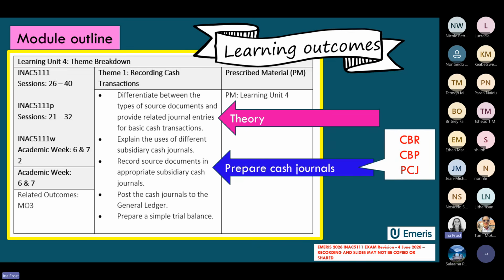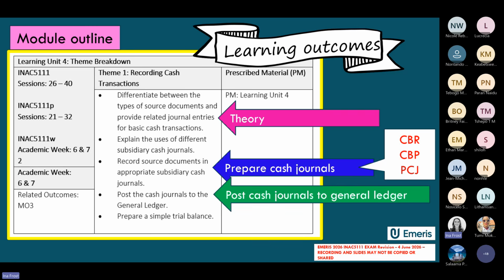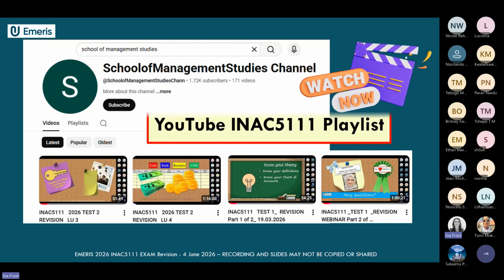So in other words, a cash book receipts, a cash book payments, and don't forget about your petty cash journal as well. You need to be able to post those 3 journals to the general ledger and be able to do a trial balance.